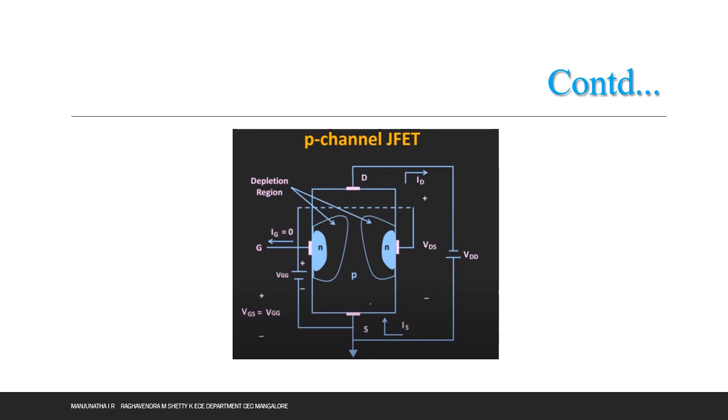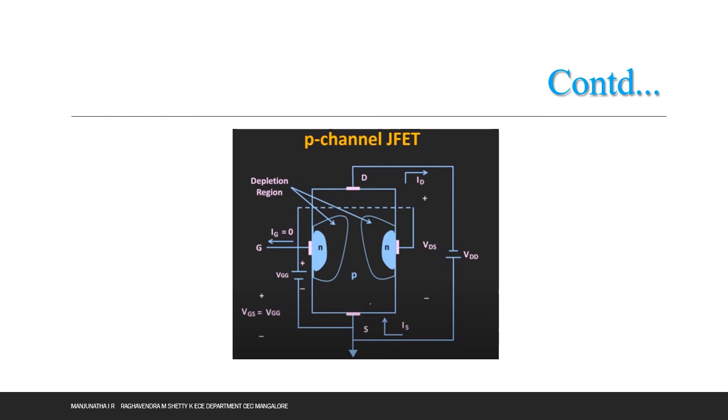So in N channel we give positive VDD, but in the case of P channel we give negative voltage, just to make the PN junction reverse biased. And the current ID is because of the majority charge carriers, that is the holes present in the P channel. That drain current can be controlled by the gate voltage, that is VGG.